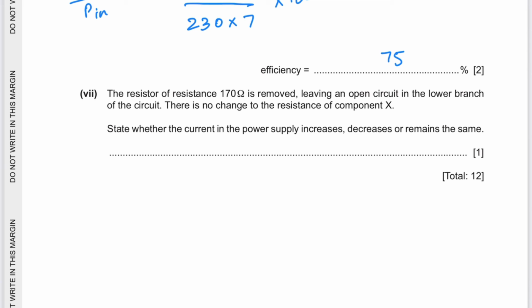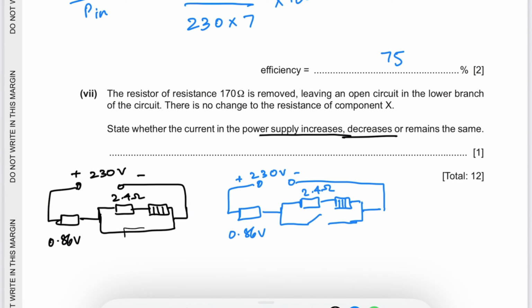Okay, let me draw the circuit once again over here. So this was the initial setting, and now you have the new setting where the 170 ohm resistor is removed.